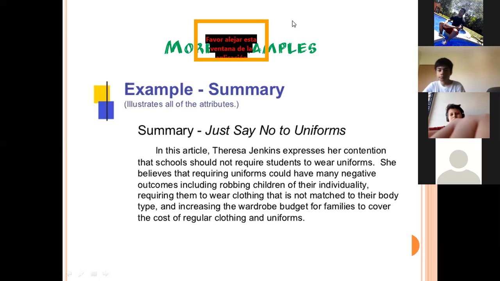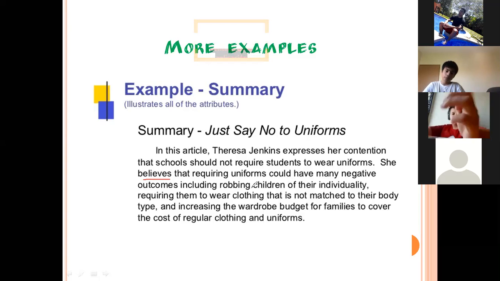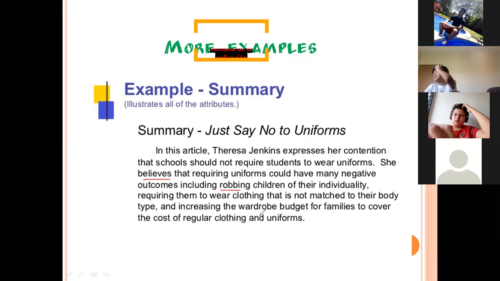She believes, I'm reading the story, that requiring uniforms could have many negative outcomes, including robbing children of their individuality, requiring them to wear clothing that is not matched to their body type, and increasing the wardrobe budget for families to cover the cost of regular clothing.